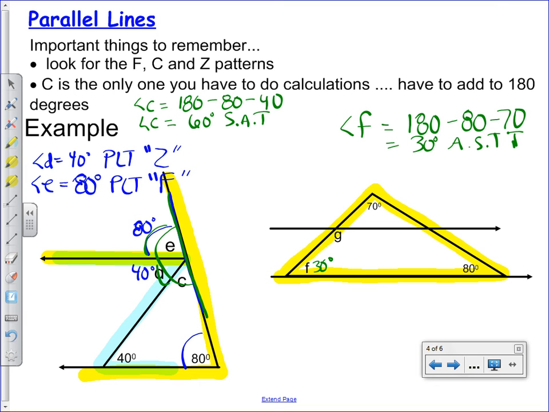But that's not a Z pattern. I said C. Oh, C. Yes, you're right, it is a C. I look here, these two lines are parallel. I have the C pattern, so angle G equals 180 minus 30, which gives me 150, from my parallel line theorem, the C pattern.